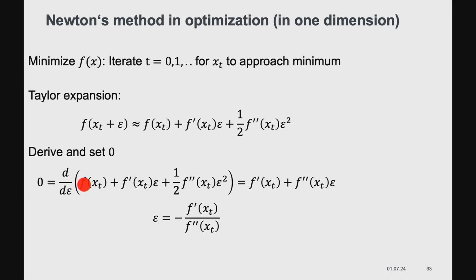And if we have this equation, 0 is this, then we can compute epsilon as, simply by reformulating this equation, f prime of xt divided by f double prime of xt, minus.